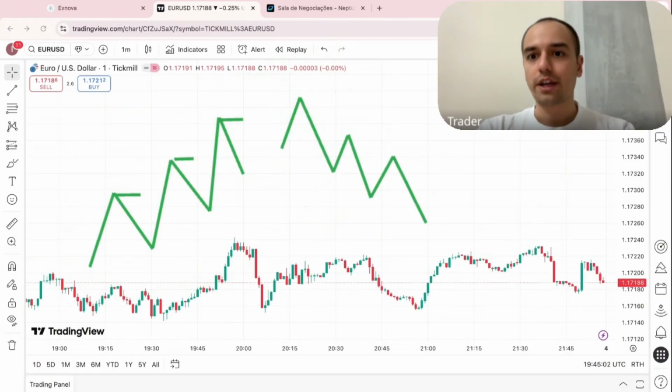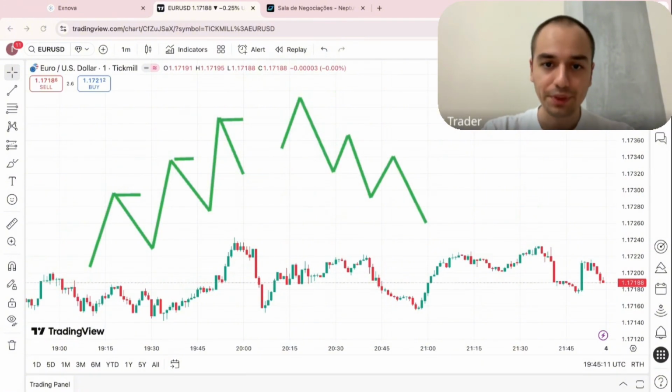Again, the structure can be formed over a certain period of time, and sooner or later, the break of structure will come. This is what we would call break of structure.